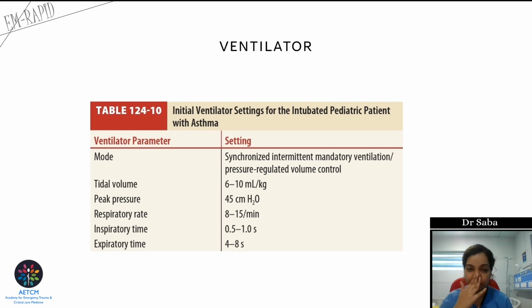The tidal volume will be aimed at 6 to 10 ml per kg, respiratory rate 8 to 15 cycles per minute, inspiratory time of roughly 0.5 to 1, and expiratory time, as we can see, is prolonged. So the highlight here is prolonged expiratory time, low respiratory rate, and low tidal volume, like 6 to 10 ml per kg.